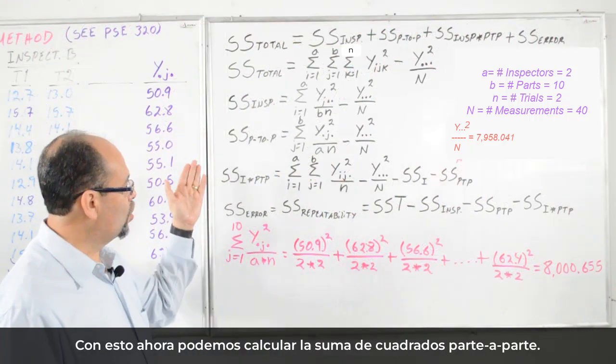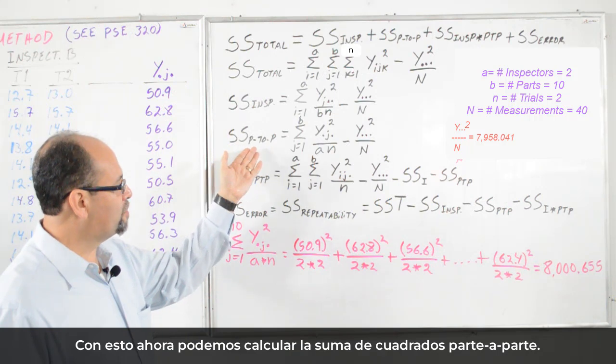With that, now we can calculate the sum of squares part to part.